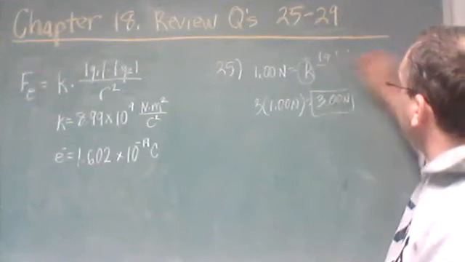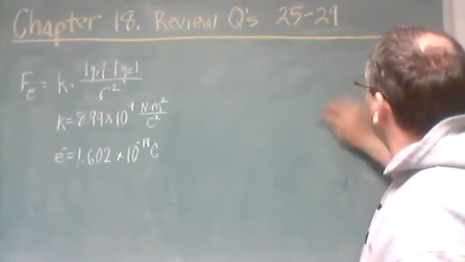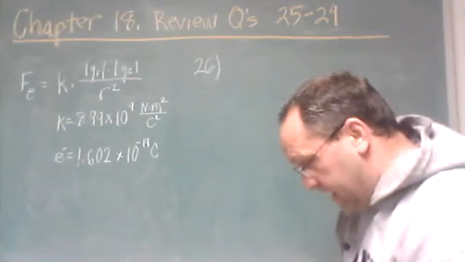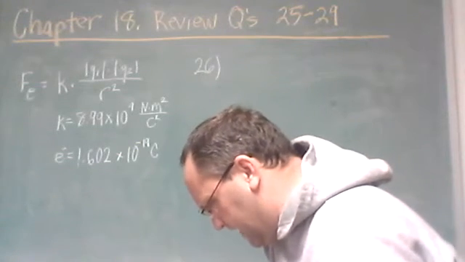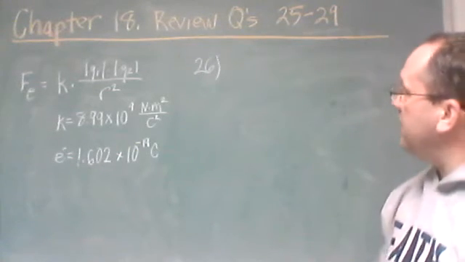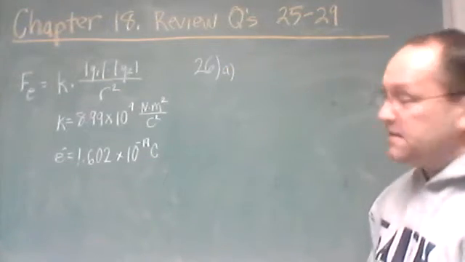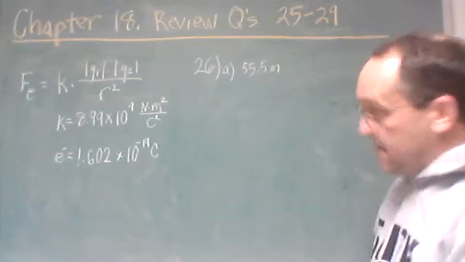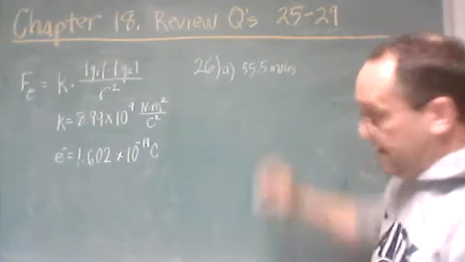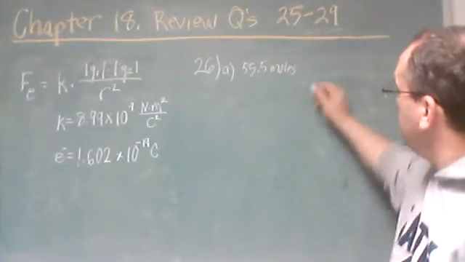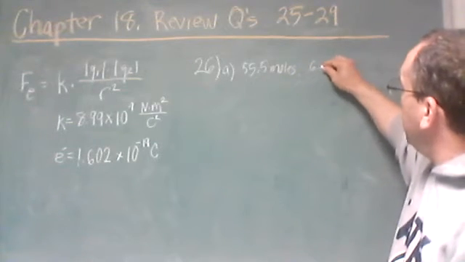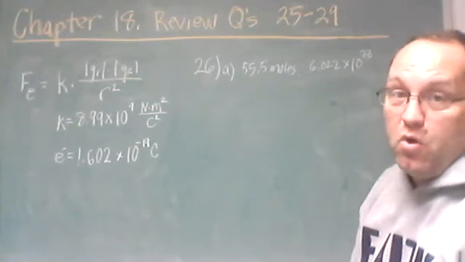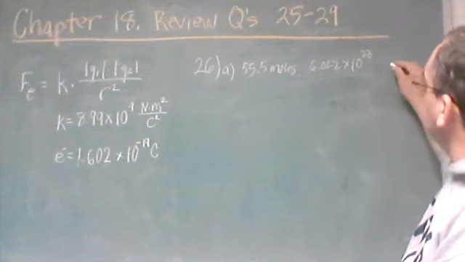Now, going on to number 26. In part A, they're asking how many molecules of water are in the container. They gave us the number of moles, 55.5 moles, and they gave us Avogadro's constant: 6.022 times 10 to the 23 particles per mole, and in this case we want molecules.